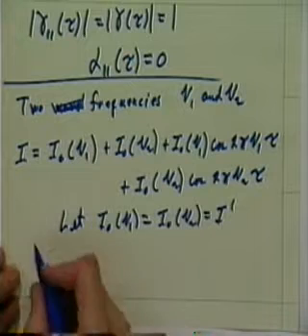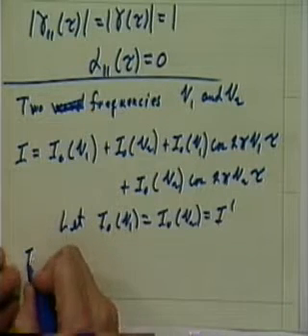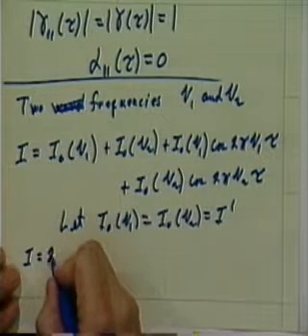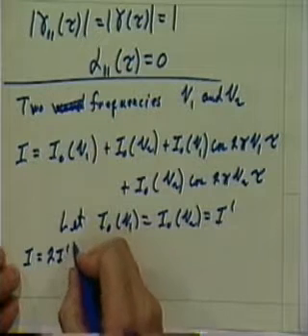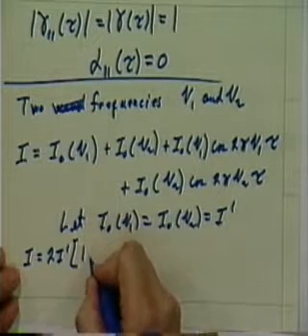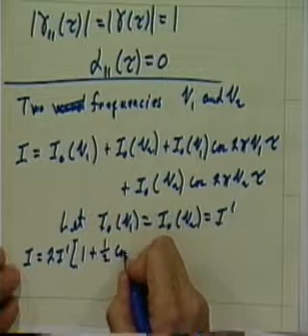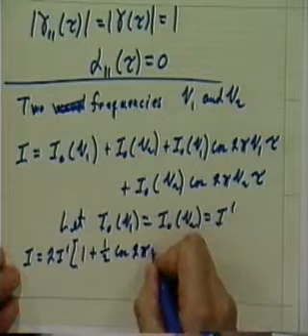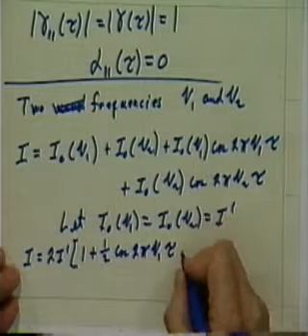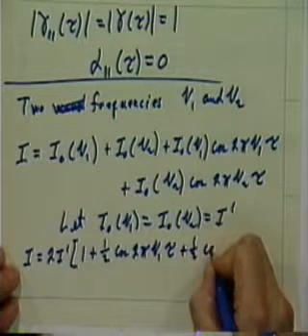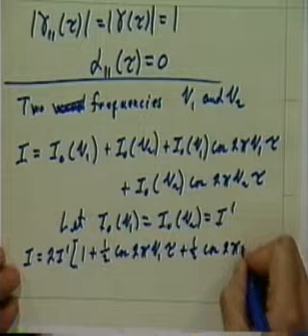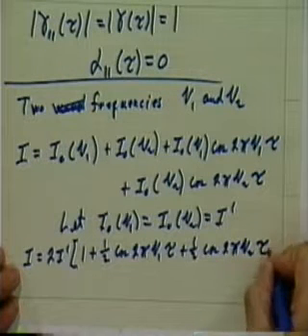And so the irradiance that I have here, I, then will be 2I prime times 1 plus 1/2 cosine 2 pi nu 1 tau plus 1/2 cosine 2 pi nu 2 tau.